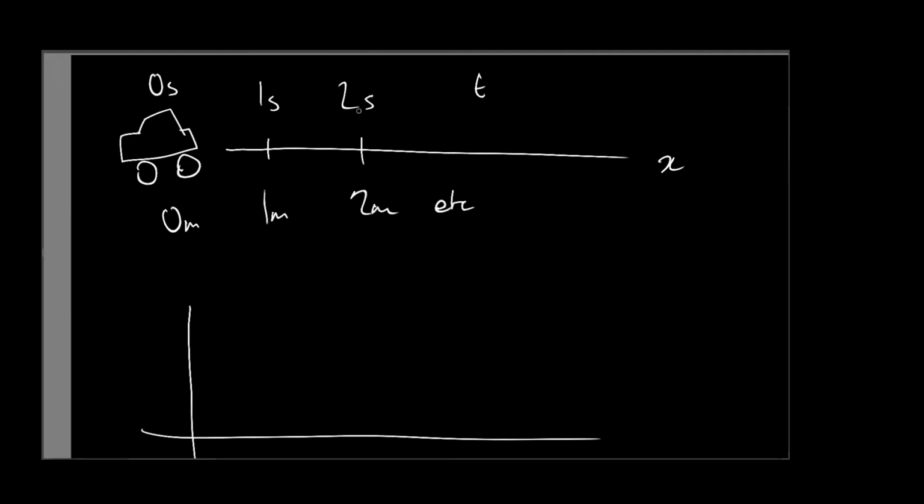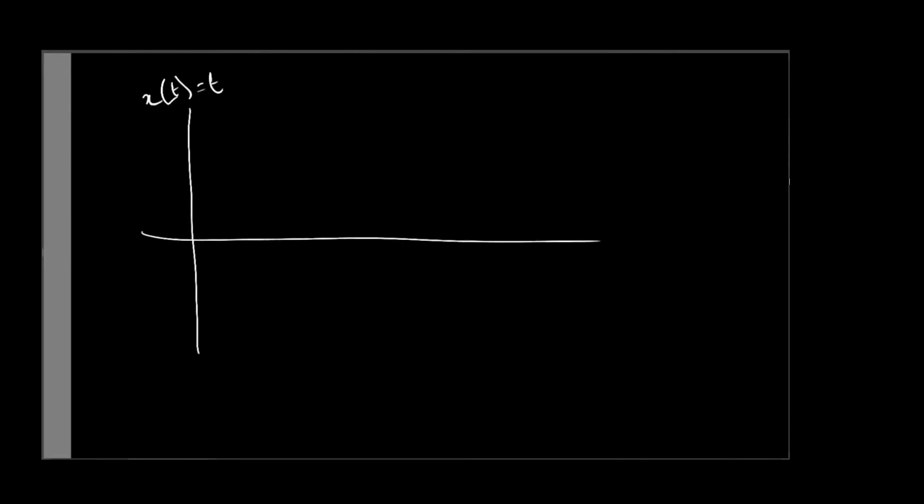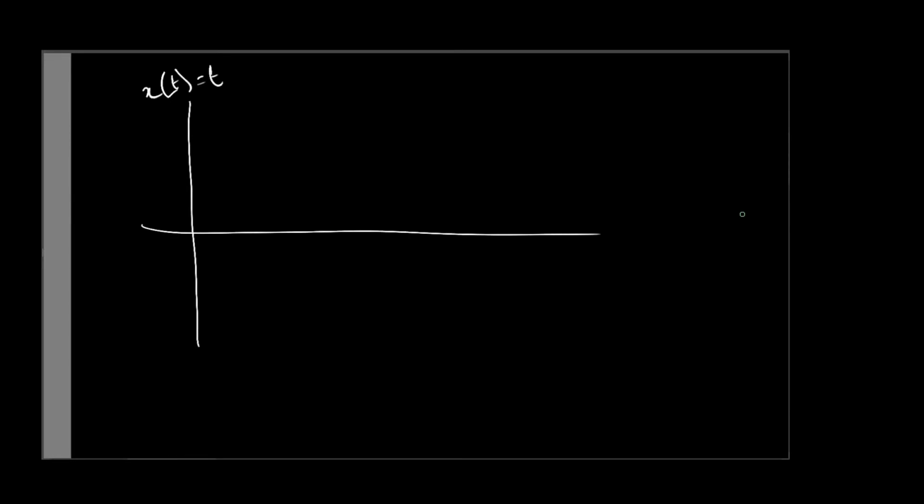Time went up by another second, x went up by another meter. So you can graph that, saying that x is a function of time where it is equal to time, and time is just the independent variable, so it goes on the x-axis.